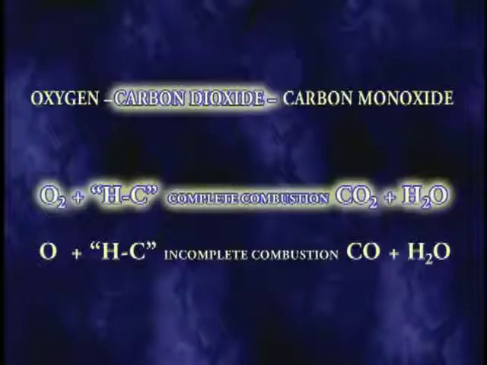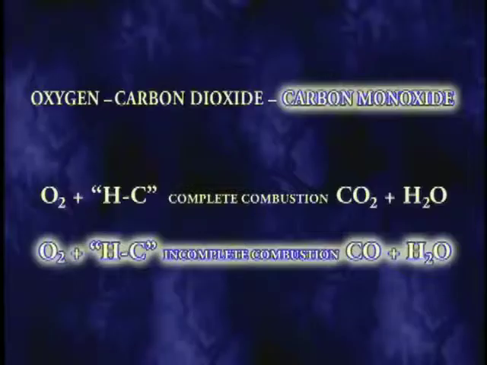But in situations of incomplete combustion, for example, if you burn wood, which is also hydrogen and carbon, in your improperly ventilated stove indoors, you will release carbon monoxide. It doesn't have enough oxygen for the complete combustion. Badly tuned carburetors in cars, bad wood stoves, all sorts of sources for carbon monoxide in our environment.